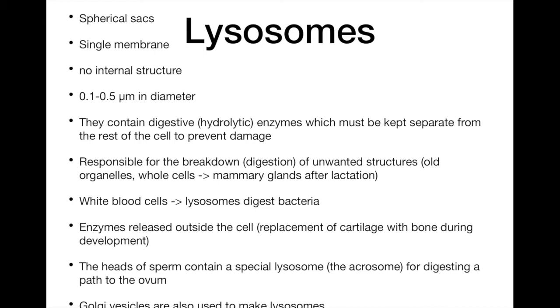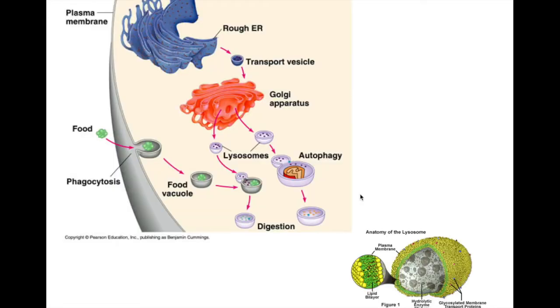Okay, and how are they created? Here it is. You see, let's say a food comes in by phagocytosis. We've said that the food vacuole will connect with what? Special enzymes from the Golgi body. They have been created where? In the rough ER. So we've got enzymes which are created by the ribosomes of the rough ER.